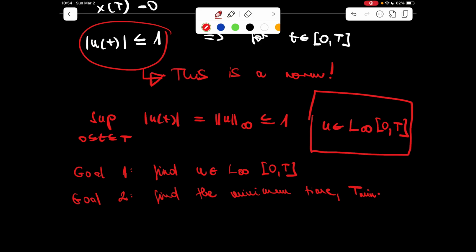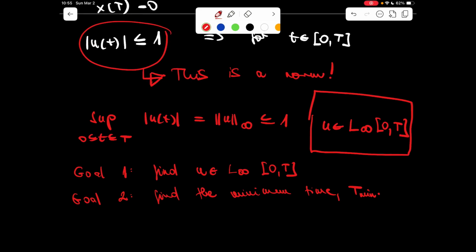Okay, so goal two, in other words, means that we want to reach the International Space Station in the shortest time possible. But the time in which we can reach the International Space Station depends on u.